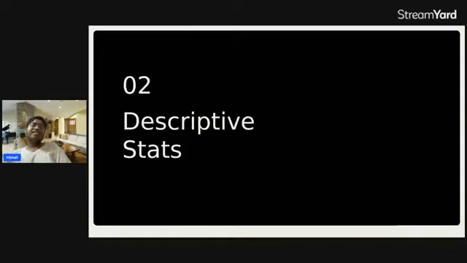Now, let's begin with descriptive statistics. Measures of central tendency. Here we have our mean, median, and mode. They help us summarize the typical value within a dataset.